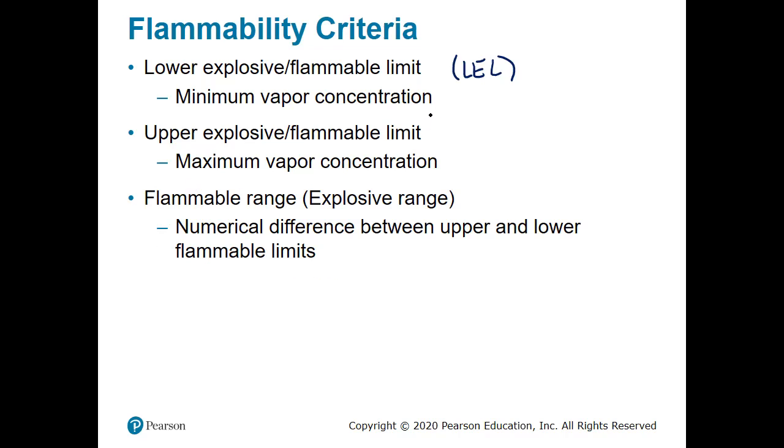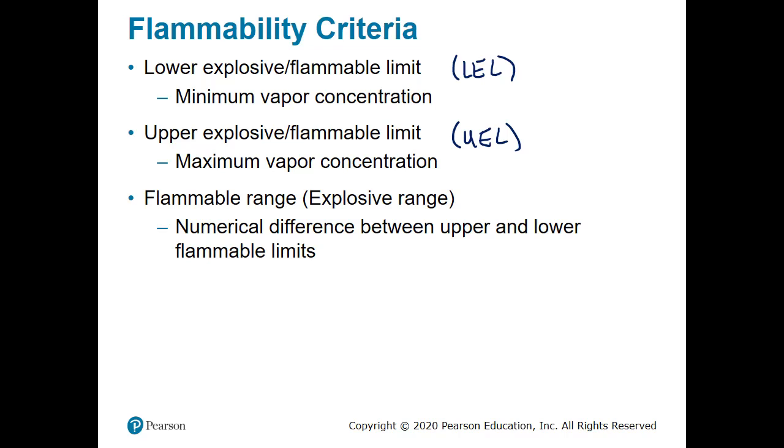The UEL, the upper explosive limit, would represent the maximum vapor concentration where we can see something catch on fire. So with LEL, we're talking about what's the minimum. And if we're below the minimum, we're not going to see ignition because there's just too much other stuff in the way to actually sustain any kind of reasonable flame.